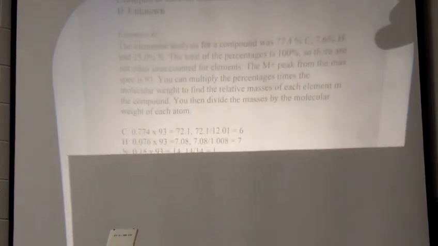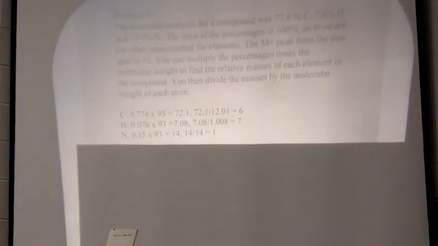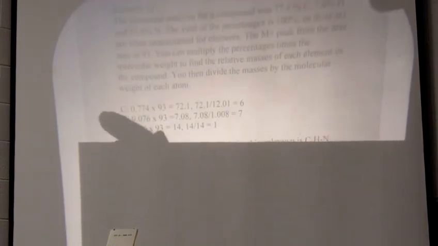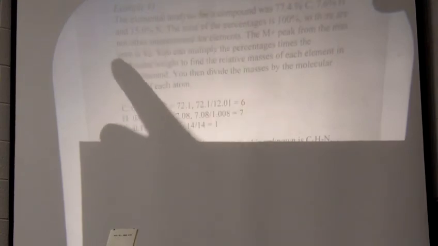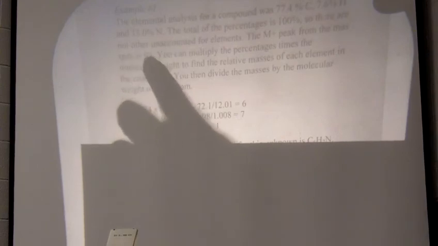So what we do then is we get the molecular weight of your unknown from the mass spec, okay? In this case, we've got our CHN analysis, and from the mass spec, our unknown has a molecular weight of 93, all right?